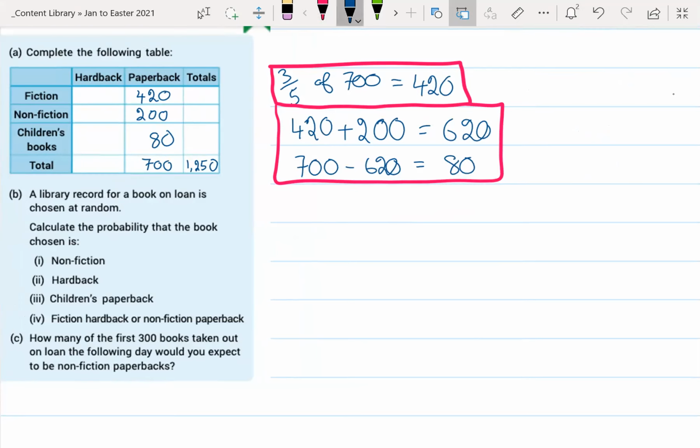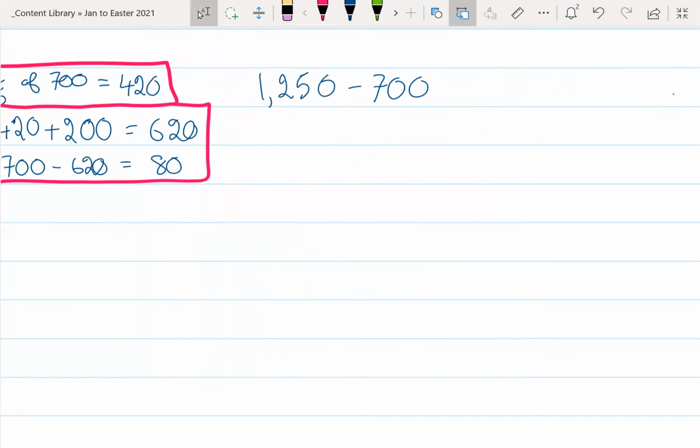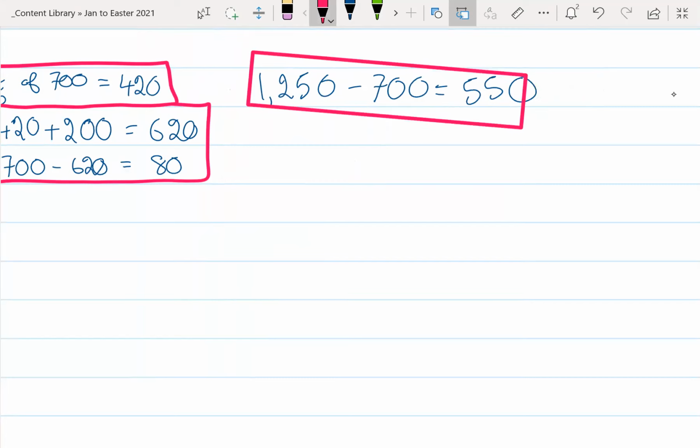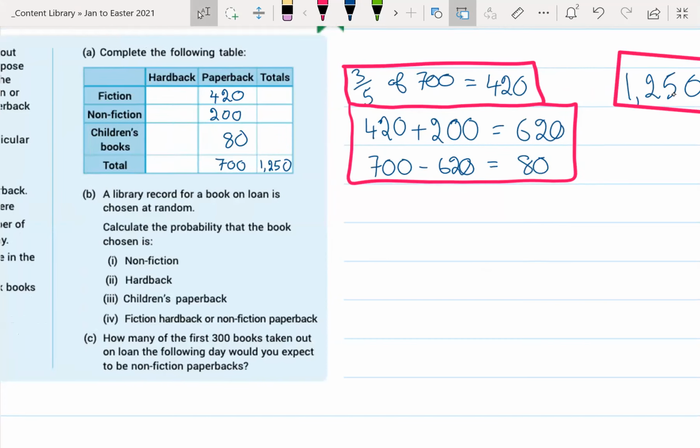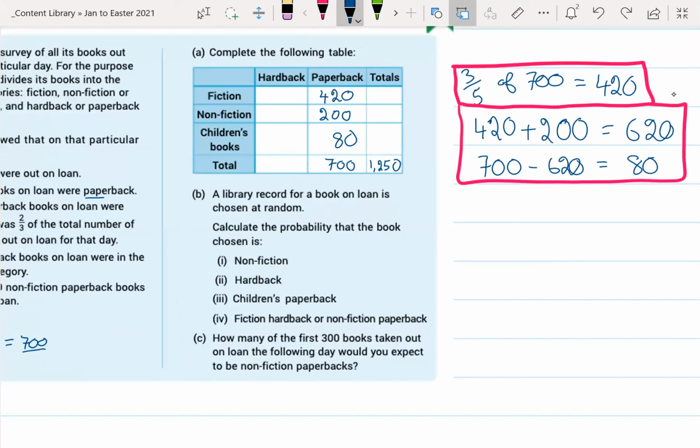Okay, let's do 1250 minus 700. That gives us 550. So 550 goes there. Okay, so we're getting there slowly.